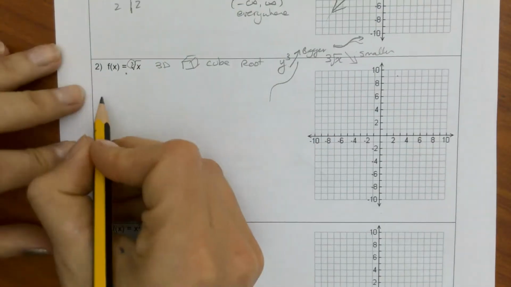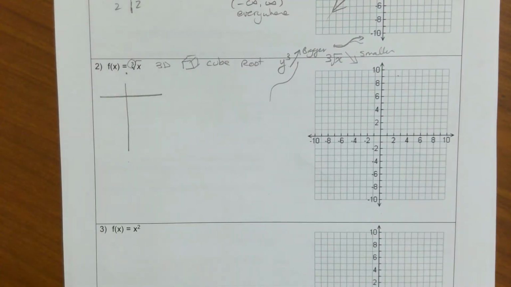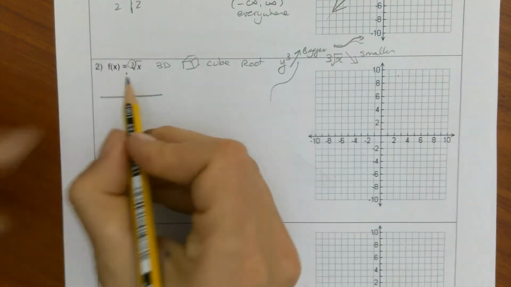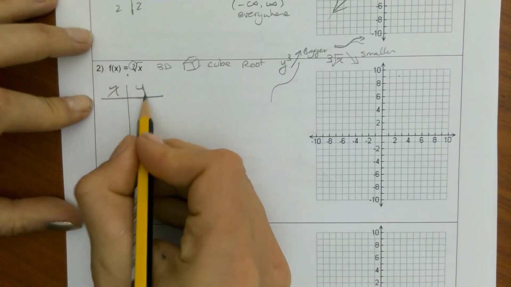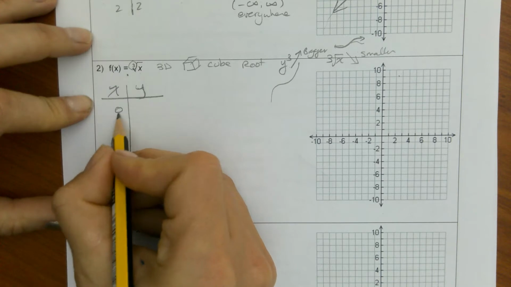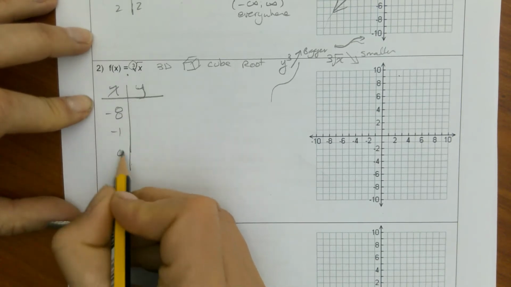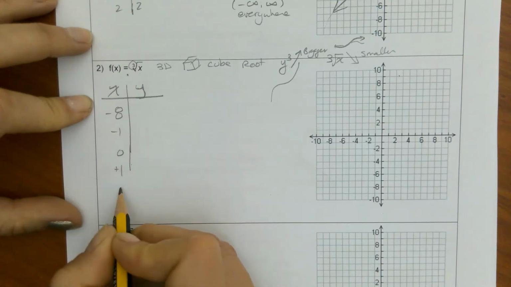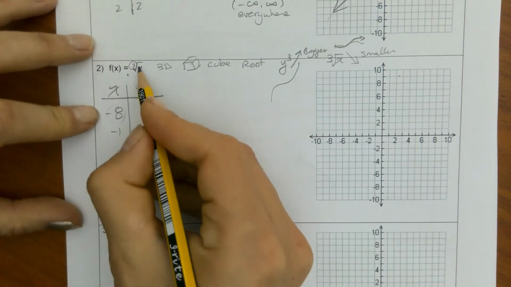So I'm going to make a table of values. But because I'm making a table of values, I want to choose numbers that are easily cube rooted. Okay, so x, y. What's a cube number? 8 is a cube number, so I can do -8, -1, 0, +1, and +8. I pick these numbers because I have to cube root them.